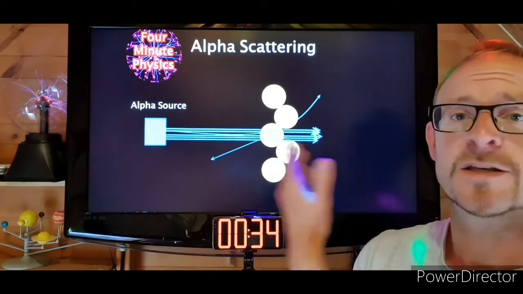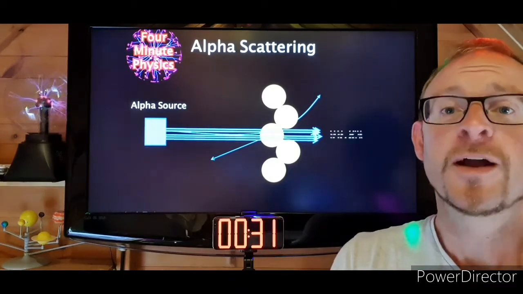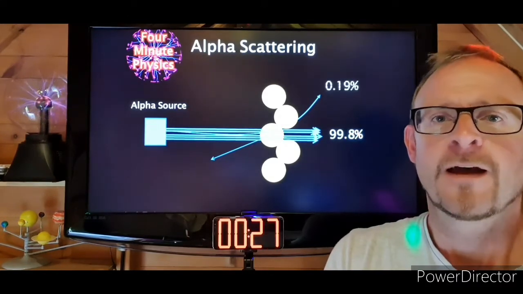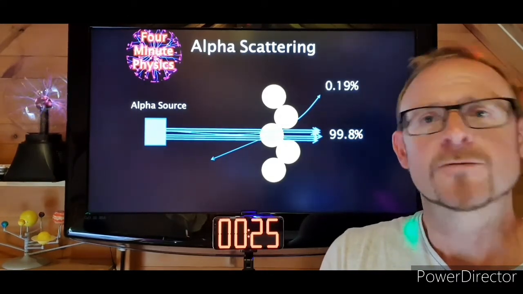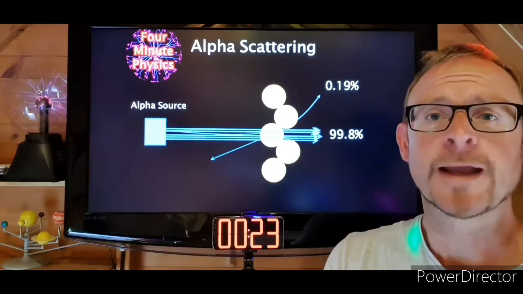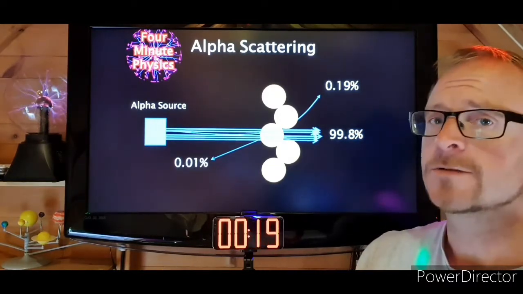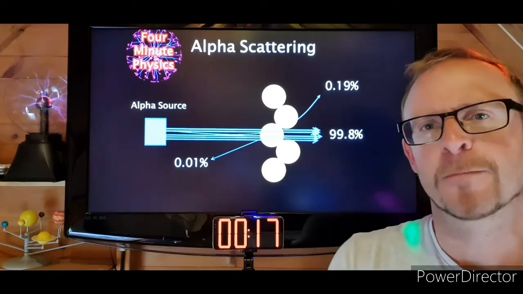This diagram now represents how many went straight through, and in this case about 99.8% went straight through. Around 0.2% were deflected away, and less than 0.01% were deflected at more than 90 degrees, almost straight back where they came from.